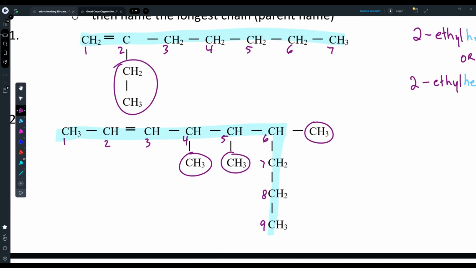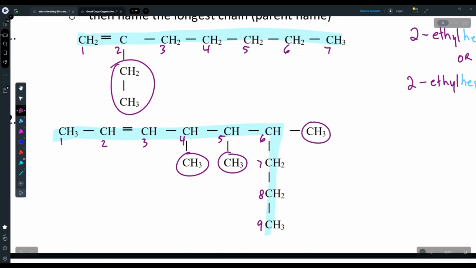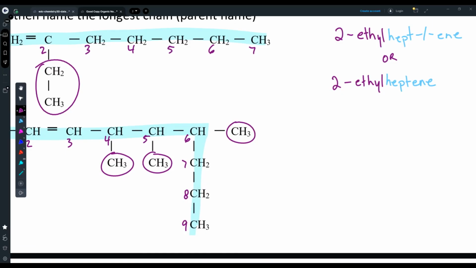So, all of them are methyl branches, but since there's 3 of them in total, on carbons 4, 5, and 6, I need to say tri to mean there's 3 in total. So trimethyl, so that's the branches taken care of.